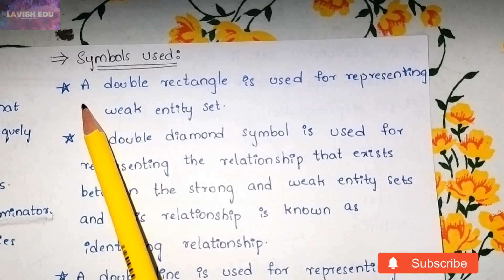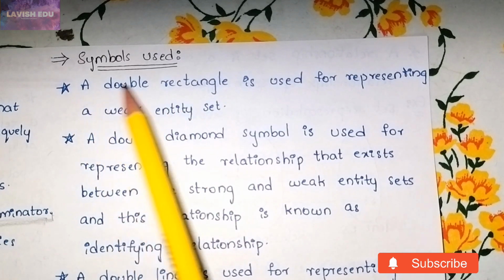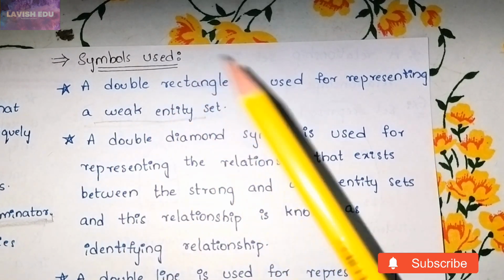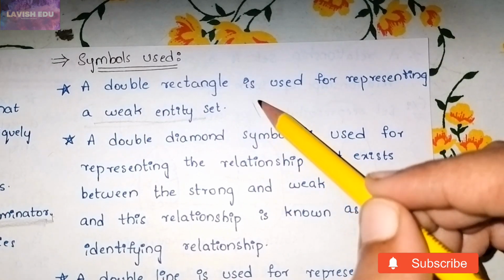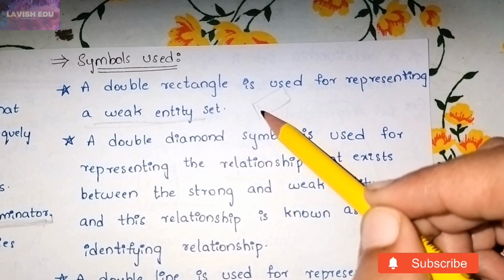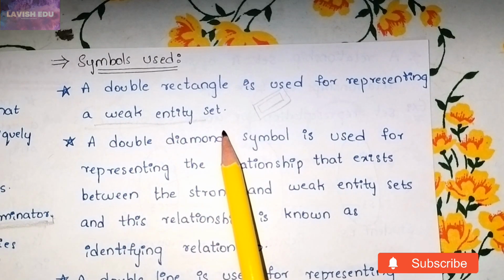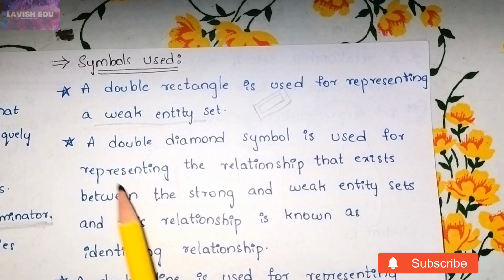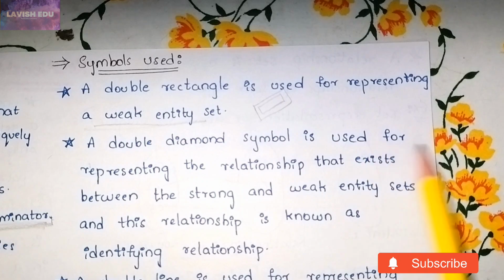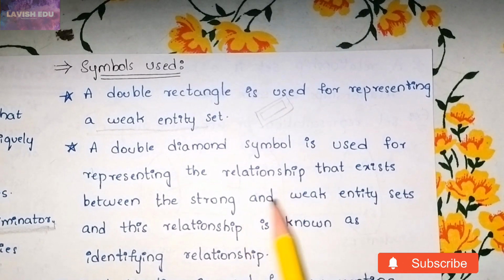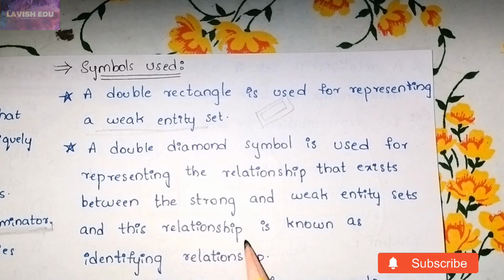Next, we'll see some of the symbols used in weak entity sets. A double rectangle is used for representing a weak entity set. As we have already seen, weak entities are represented in a double rectangle. A double diamond symbol is used for representing a relationship that exists between the strong and weak entity sets, and this relationship is known as an identifying relationship.